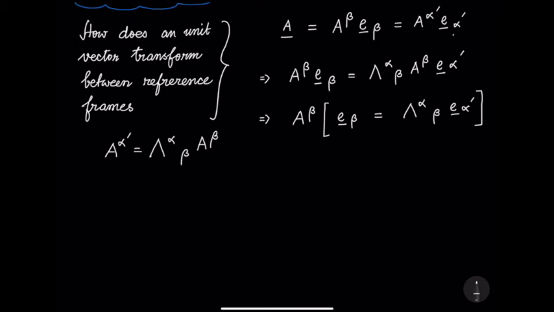Now A betas are arbitrary, which means for this to be true, I should have E beta, which is a vector, equal to lambda alpha beta E alpha prime.